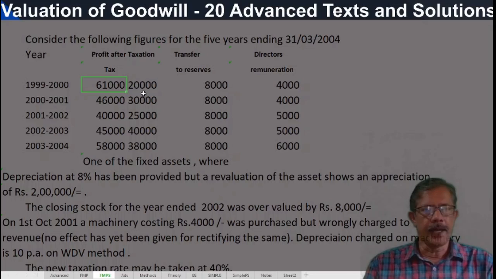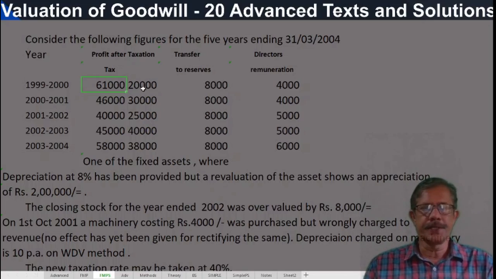So while valuing future maintainable profit, the start point should be profit before tax. If profit after tax is given, add to this the taxation already provided. If it is at a fixed rate, we can simply gross it up.